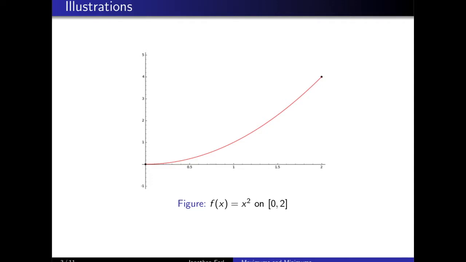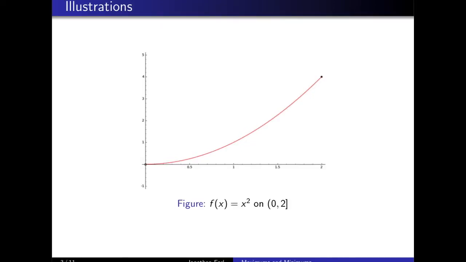If we restrict things down and we look at the closed interval 0 to 2, what we'd see is that we have an absolute minimum still at x equals 0, but we now have an absolute maximum at 4, and that's occurring at x equals 2. And this would make sense because we have a continuous function over a closed interval.